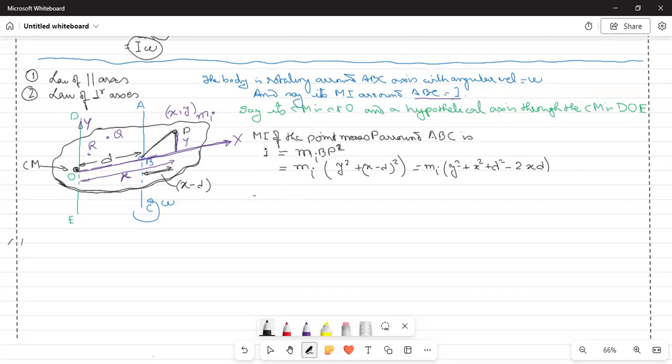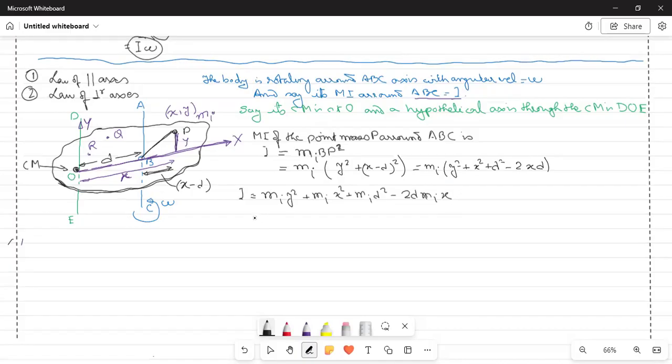This was I. So I is equal to, taking m inside the bracket, Σ mi y² + Σ mi x² + Σ mi d² − 2d Σ mi x. This is equal to I.